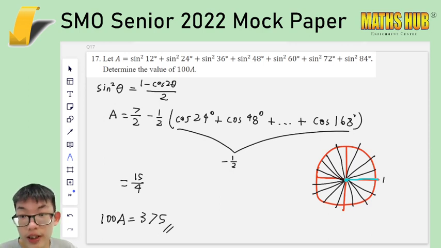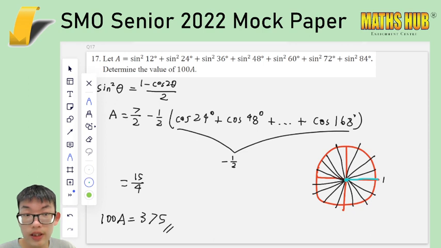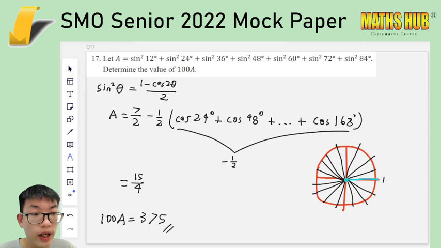Okay, so to be very clear, what I'm trying to say on the image on the right is that apart from this 1, which doesn't have a pair, all those in the top half and all those in the bottom half, in terms of their cosines, have to sum to the same thing because each of them pairs up.